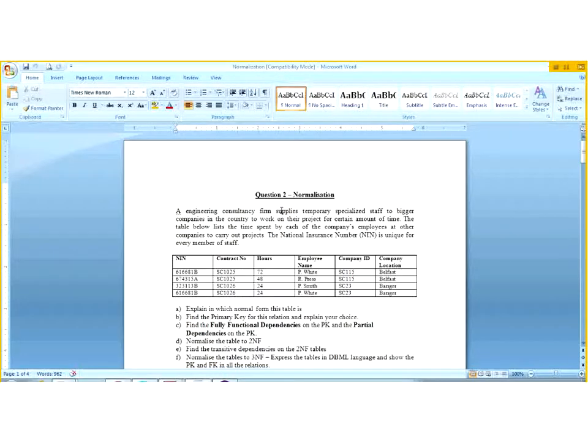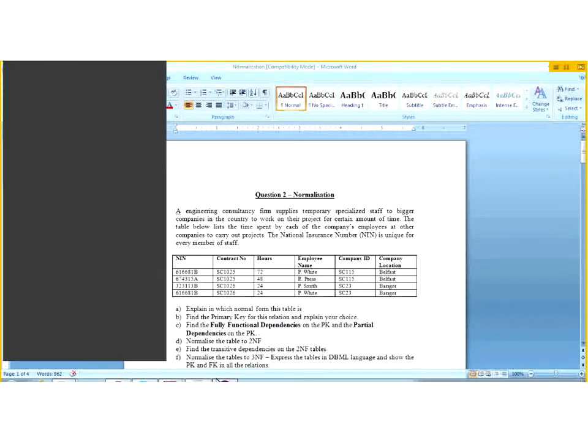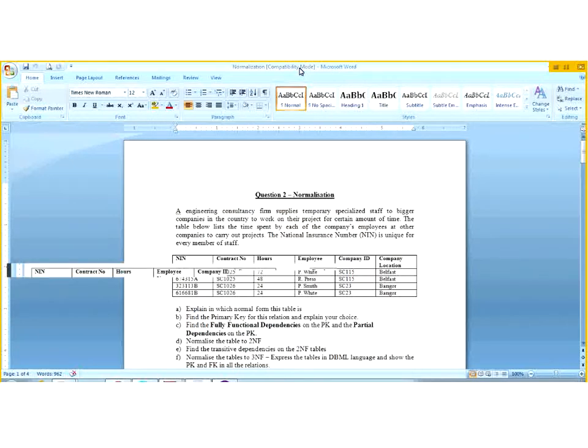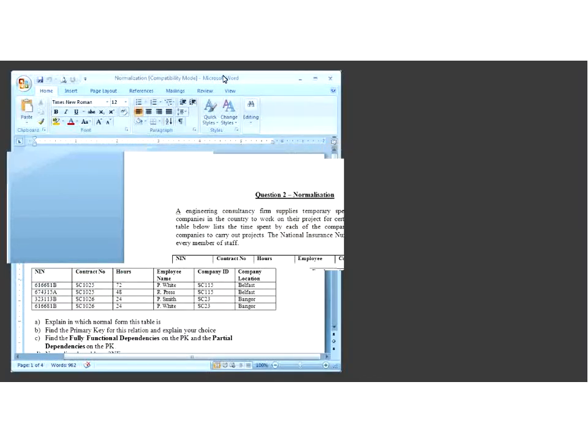This is a question I found on the web which is quite suitable. If you can solve this question and understand this, let's see where you stand.